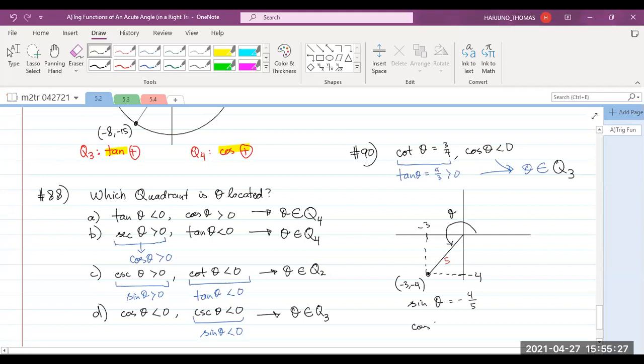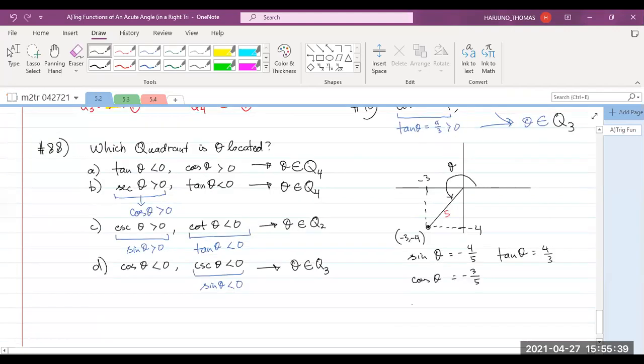Cosine theta will be x over r. Tangent theta, that's the reciprocal of cotangent. We already get that. And secant theta, that's the reciprocal of cosine. Okay. And then cosecant theta is the reciprocal of sine.